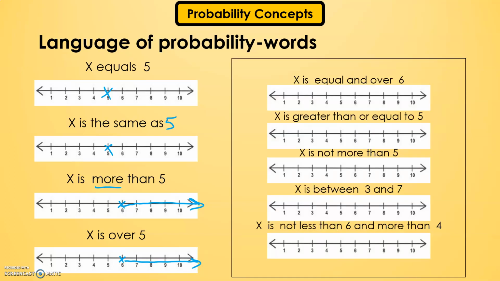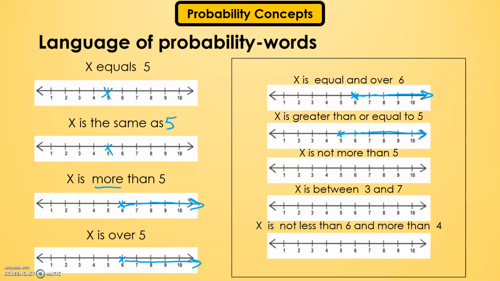X is equal and over 6, so that's slightly different, that we do include the 6. It's equal to and over 6. The next one, x is greater than or equal to 5. Again, slightly different words. Equal to 5 or over.